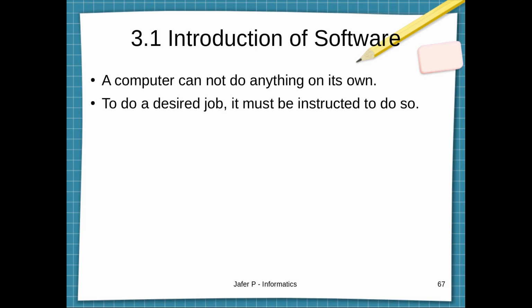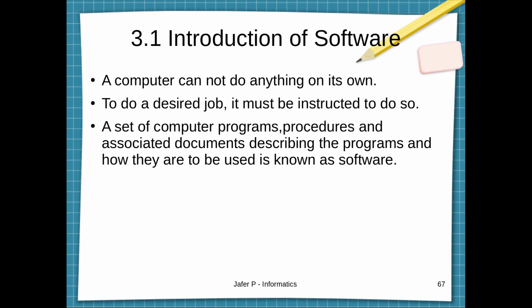It may be human being or it may be anything that instruct the computer. Then a set of computer programs, procedures and associated documents describing the programs and how they are to be used is known as software. So a software consists of a set of computer programs which is actually used for controlling the computer system.